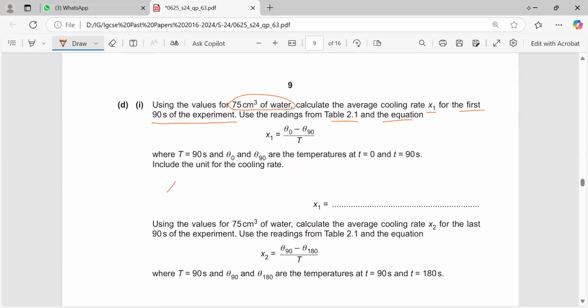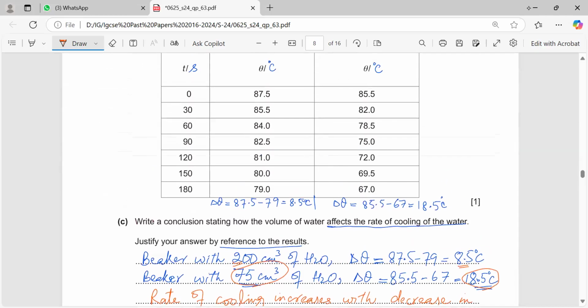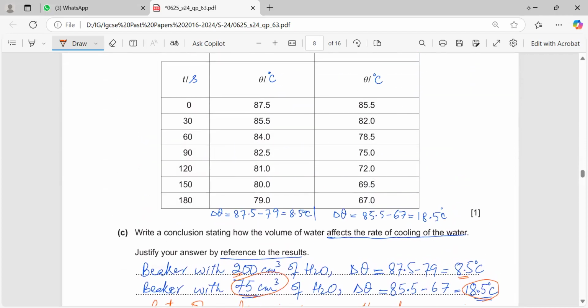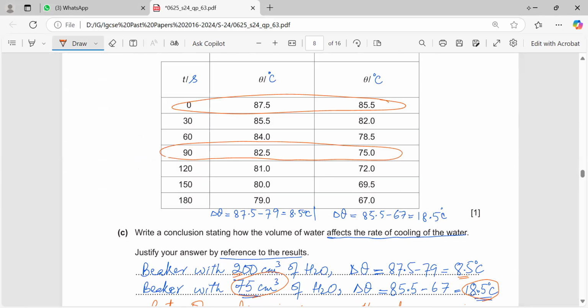So theta 0, let's see, that is 85.5. So initial value 85.5 and then 75.